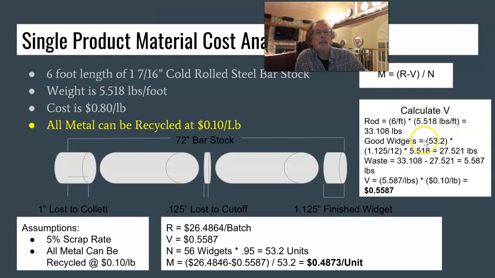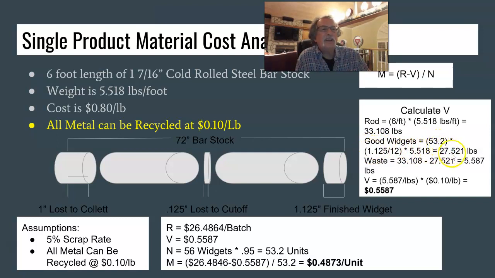So we have 53.2 widgets, and this is a conversion from inches to feet. So the 53.2 widgets, which are good, weigh 27.5 pounds. So you'll need to double check this calculation here, and this is the density, which gives us 27.5 pounds.